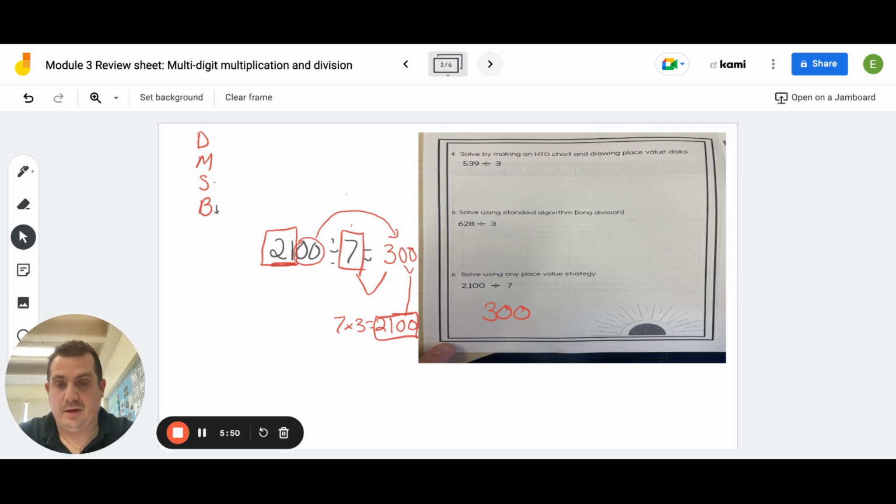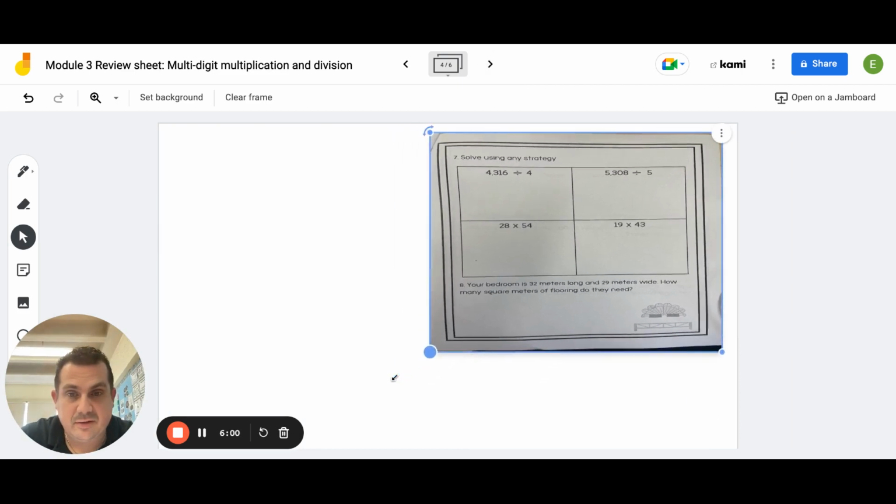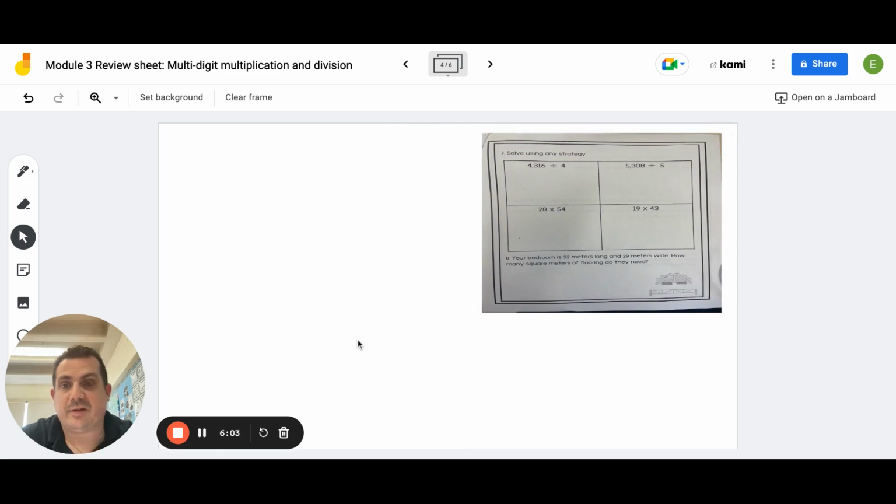Okay, let's move to number 7. I'm going to make this a little bit smaller so I have more room to do work. Any strategy. So to start off, we've got 4,316 divided by 4.